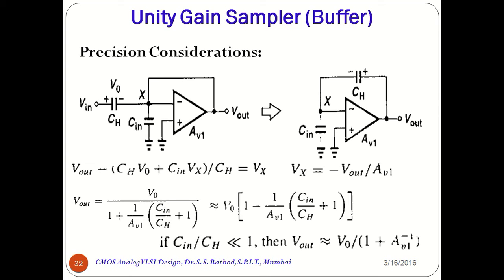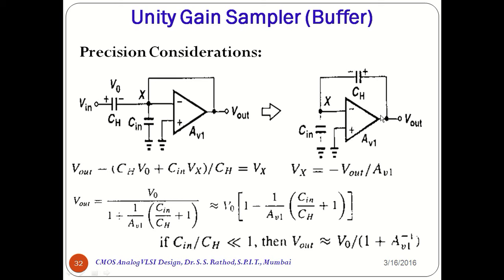Now let us consider the precision considerations for this unity gain amplifier. This is the input capacitance, which you can call a parasitic capacitance at the input of the amplifier, and this is the network in the amplification mode.